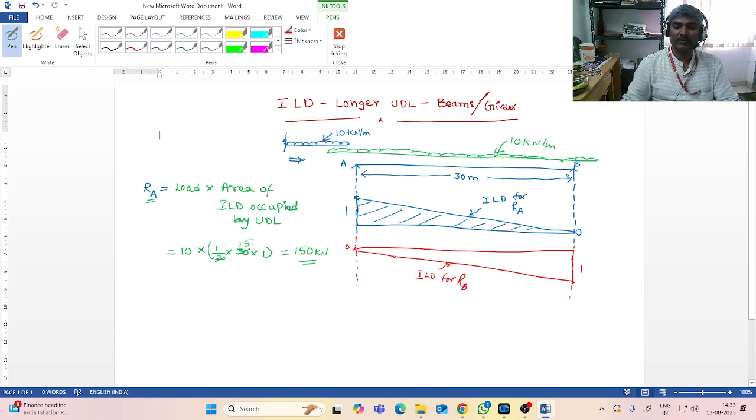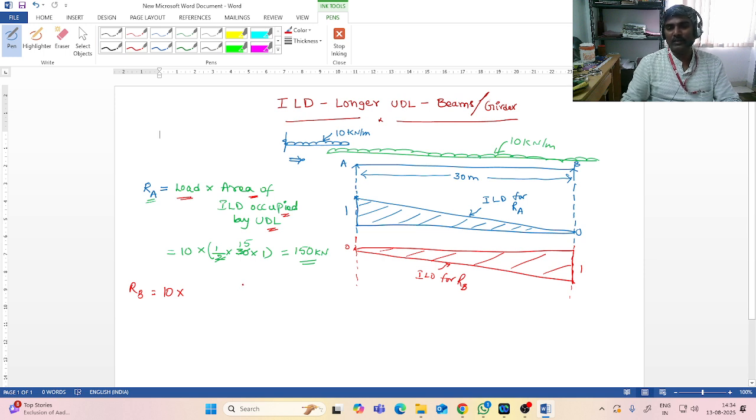Now if I want the RB value, similar calculation. You see the load is occupying the whole area of this triangle. You can drop this here. So these ends of the load are beyond the span, so the total span is occupied by the UDL. Similarly for the ILD of RB, applying the same formula, load value multiplied by the area occupied by the UDL.